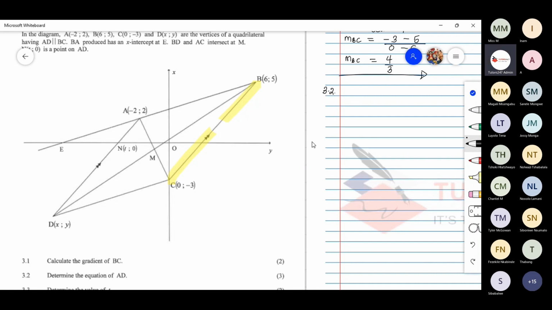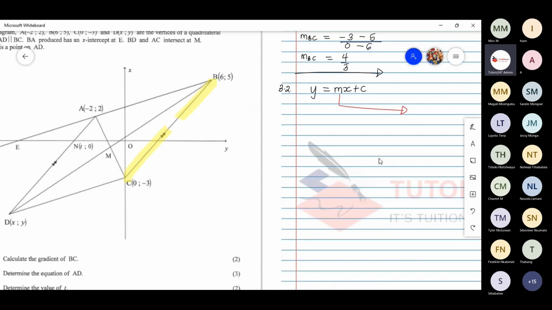So 3.2, we need to get the equation of a straight line in the form y equals mx plus c. So we have the value of x, we have the value of y. It's -2 and 2. How do we get the gradient? That is obtained using the property of parallel lines.